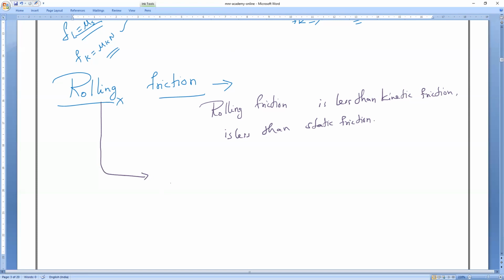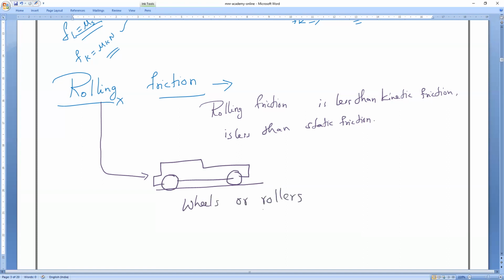So how can one object roll over another? They need something. What do they need? They need wheels or they need rollers. Am I right or wrong, everybody?